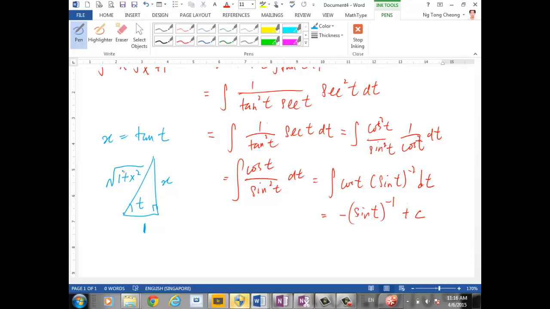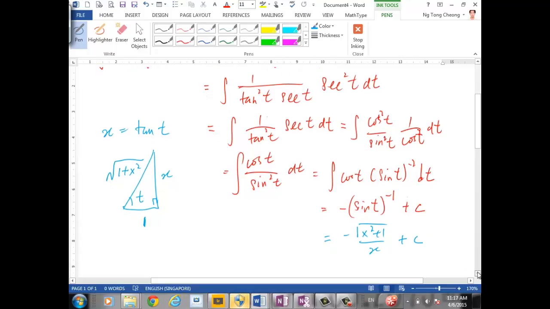Okay, so I leave it to you to try to figure out how ultimately you can simplify to this. Okay, so you get your sine t in terms of x, then you take the reciprocal, and then you should get this expression.